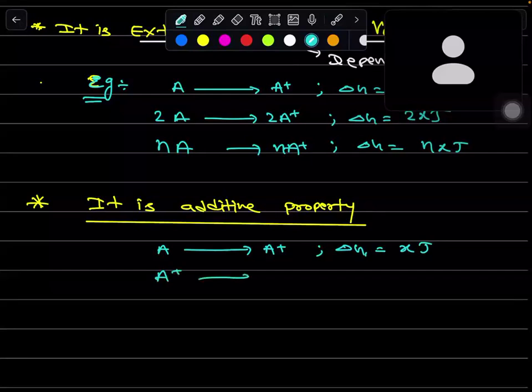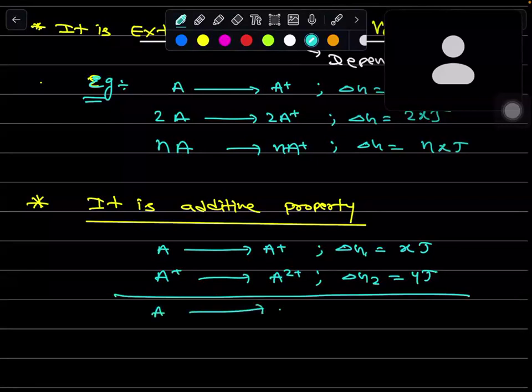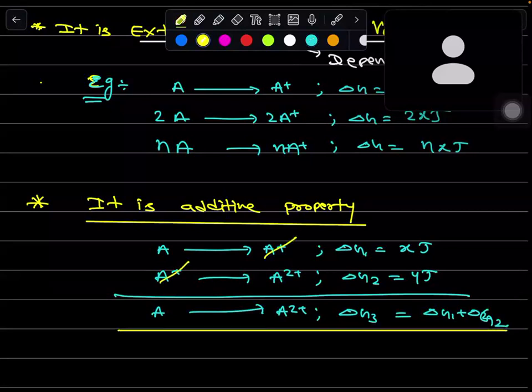Similarly, A plus becoming A2 plus, this is del G2, which is y joule, consider. Then for the overall reaction A giving A2 plus, del G3 will be equal to the sum of del G1 plus del G2. Why? Because if you add both equations, you will get the overall equation, right? When we add the first and second equations, I get the last equation.